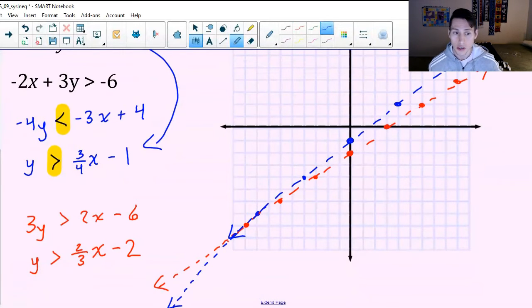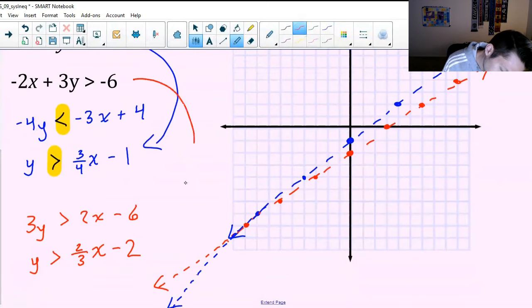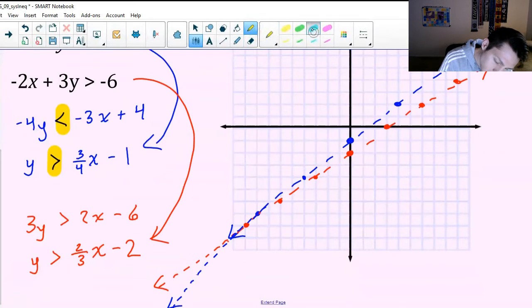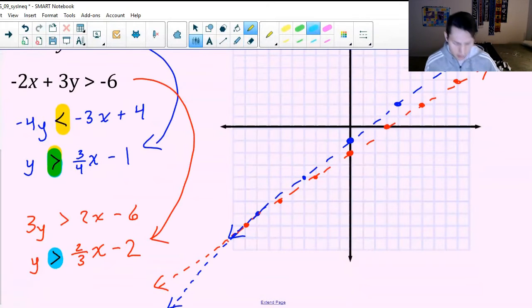But now we want to shade. This second equation became this. Since both signs are greater than for both equations, that means I want to shade above the blue line and above the red line.